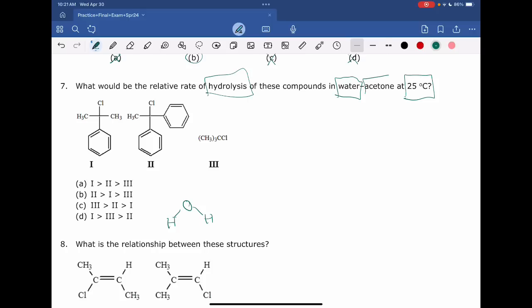There's also acetone, which is not polar protic, but since the water is polar protic, we can say that overall the conditions are going to be dictated by the water, because the acetone basically does nothing, but the water does something. So we just got to look at the water.